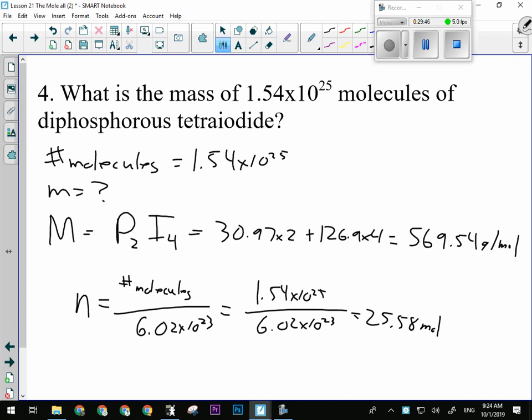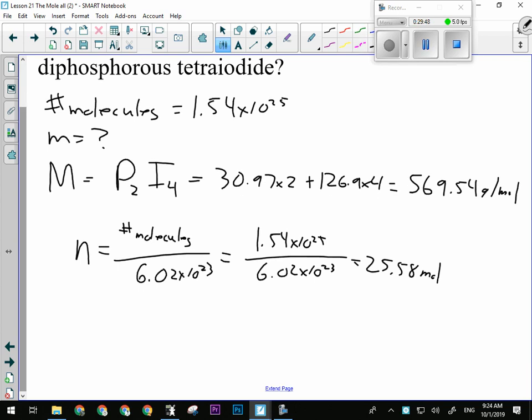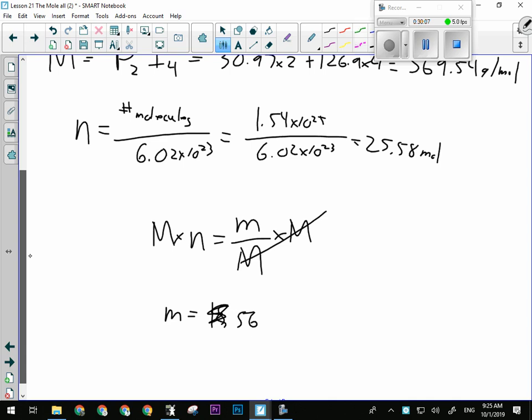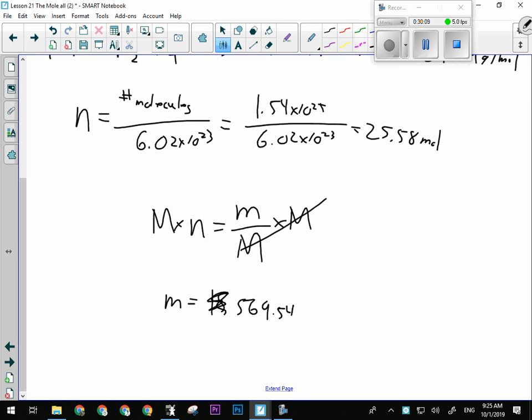Okay, now that I know N, I can manipulate the mole equation to solve for little m. So I'm going to multiply both sides by big M, and that will give me little m. So we'll have our 569.54 times 25.58.